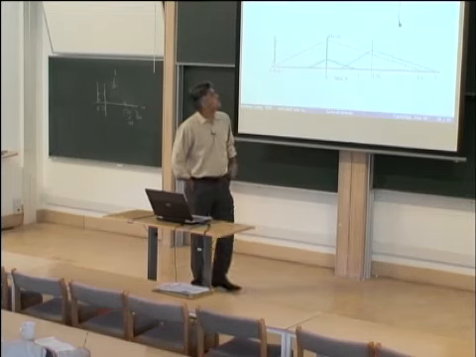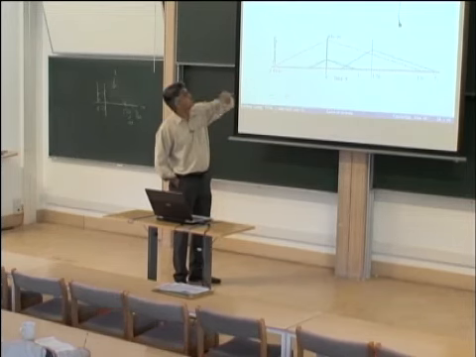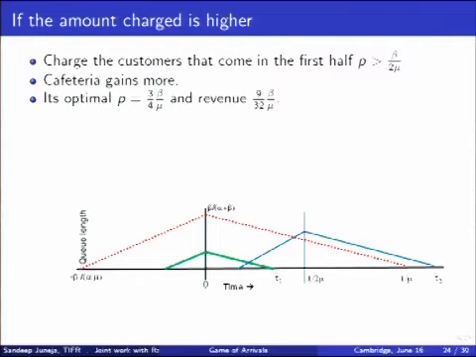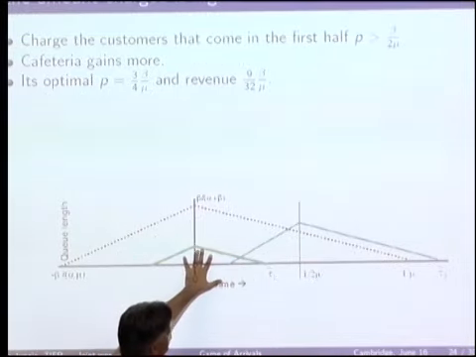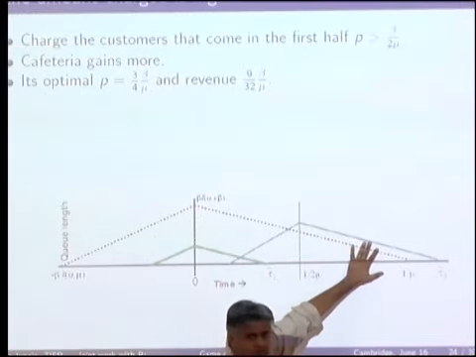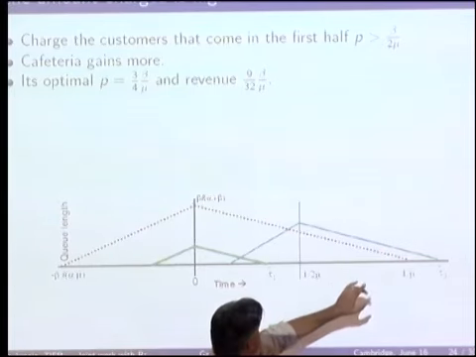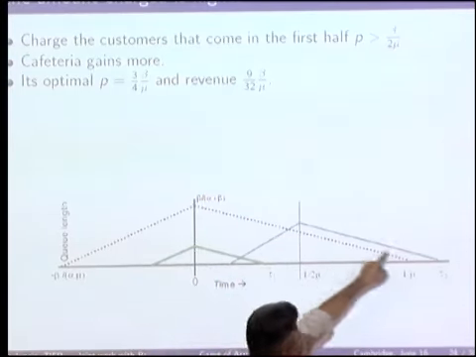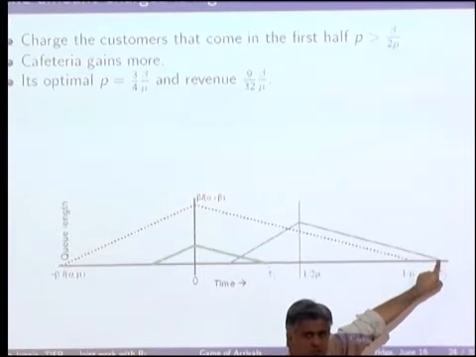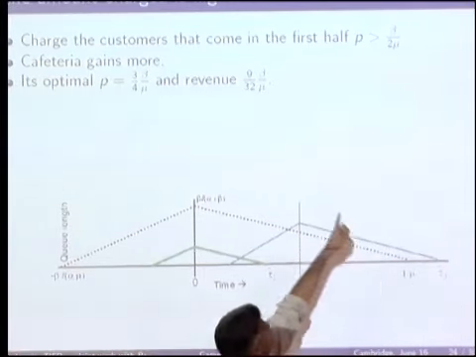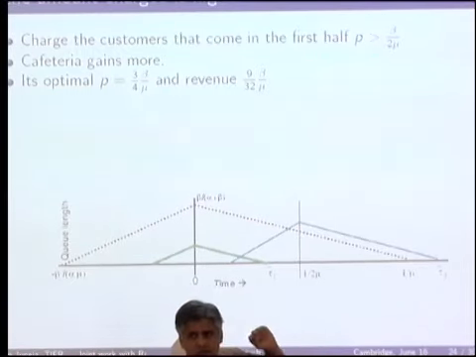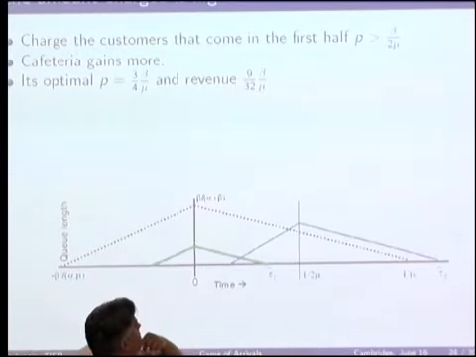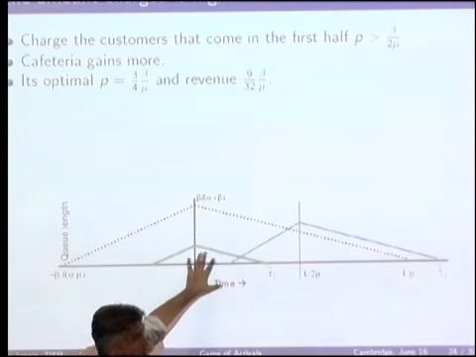So if you were to charge P greater than beta by 2 mu, now fewer people of the same class will come here, more people will come later, and again they'll organize themselves in such a way that the difference in cost paid by this class and this class is exactly the P that the manager is charging for people coming early.